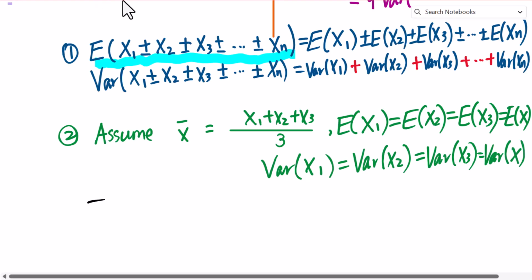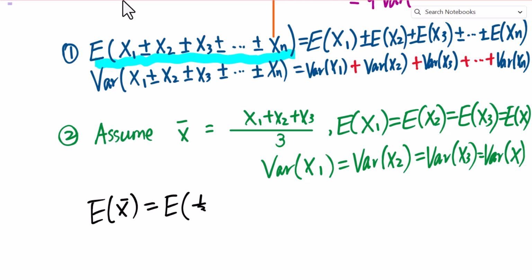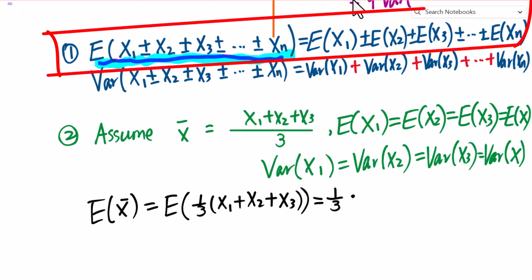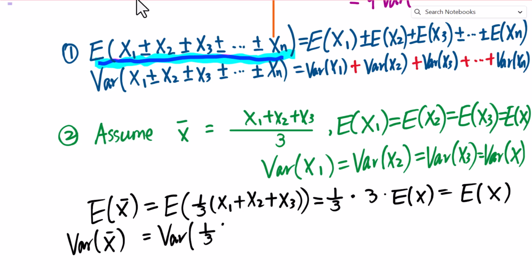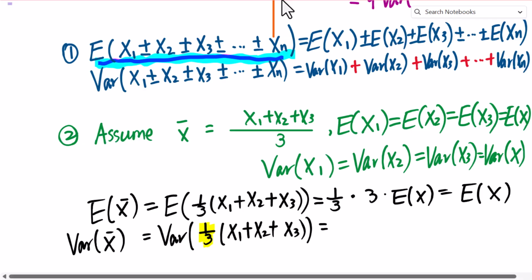Then we can get E of X bar equals E of, let's take 1/3 out, 1/3 times X1 plus X2 plus X3 equals 1/3 times, use this formula, we got 3 times E of X, equals E of X. For variance of X bar equals variance of 1/3 times X1 plus X2 plus X3 equals, 1/3 is a coefficient.